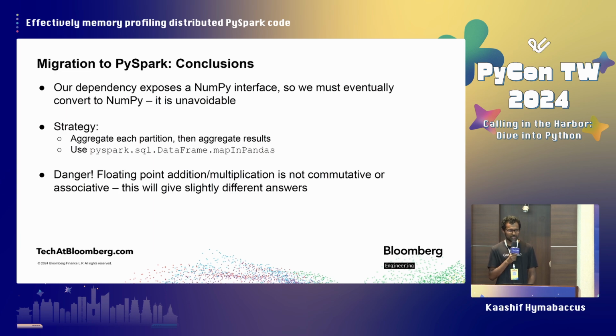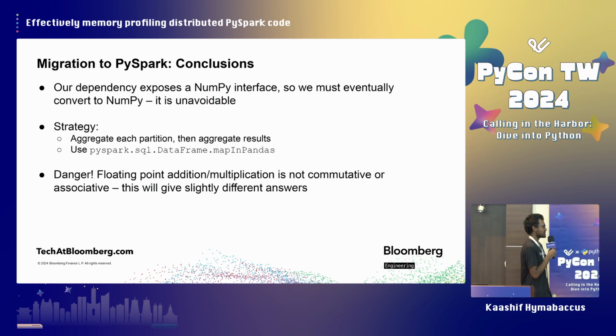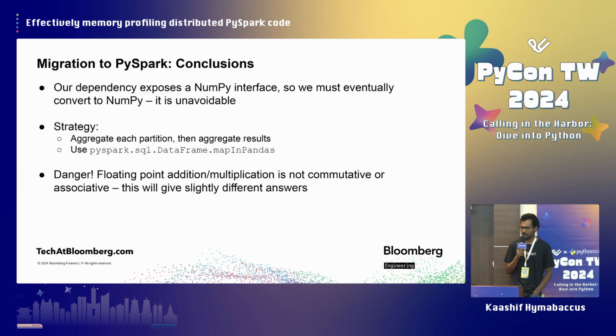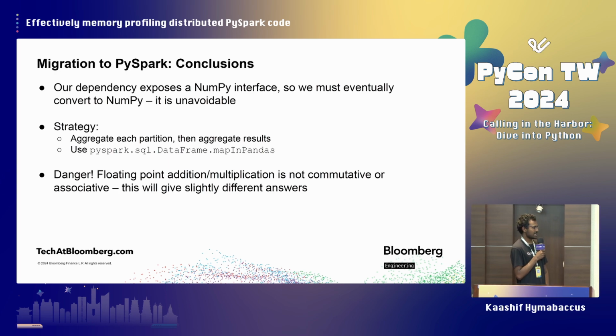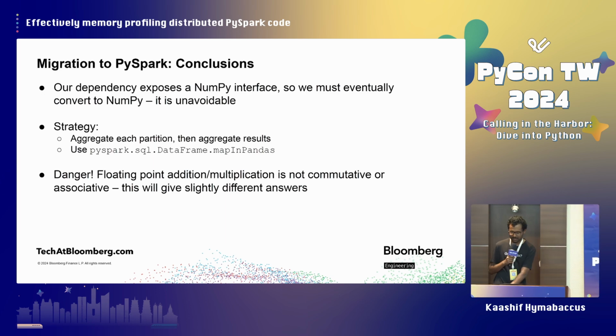Commutative means you can change the order and you get the same result, and associative means you can change how the operations are bracketed and you get the same result. Floating point addition and multiplication don't have any of those properties, and you'll get different numbers, and it won't be deterministic either. So be aware of that. This doesn't come for free.